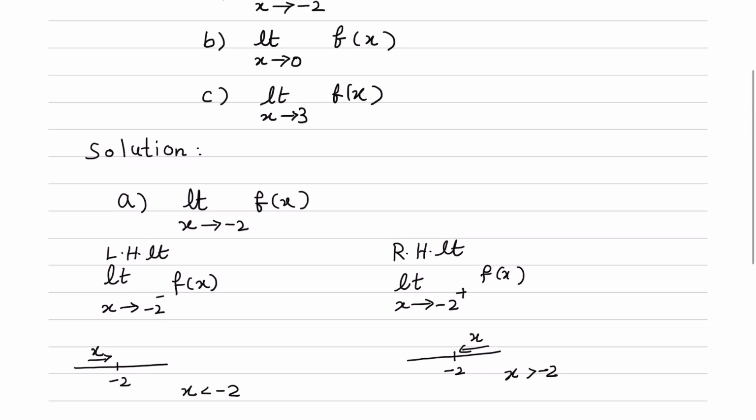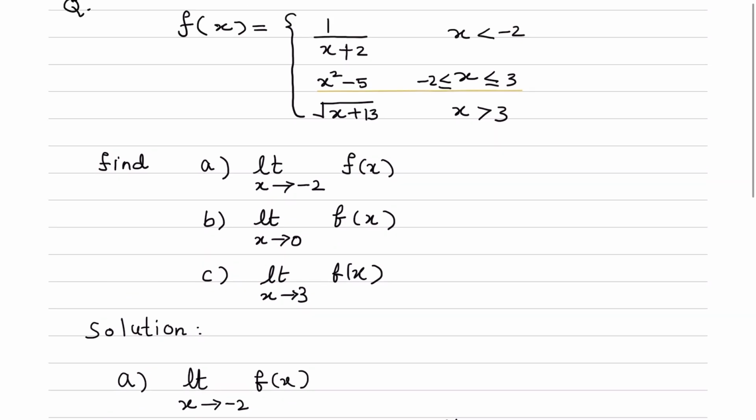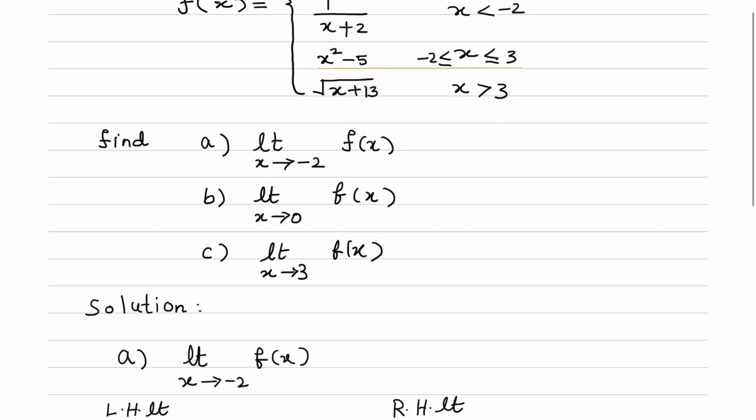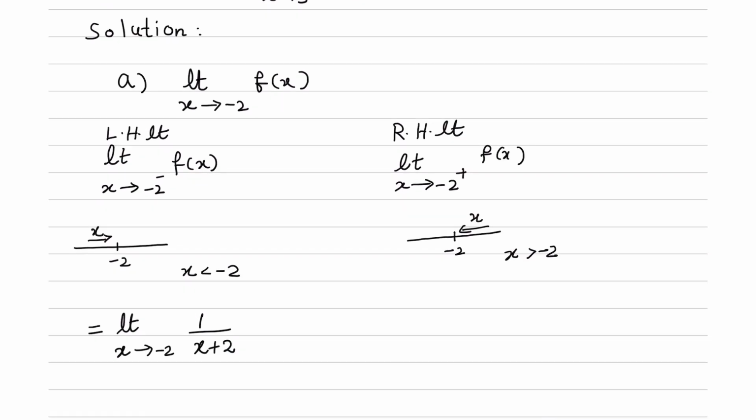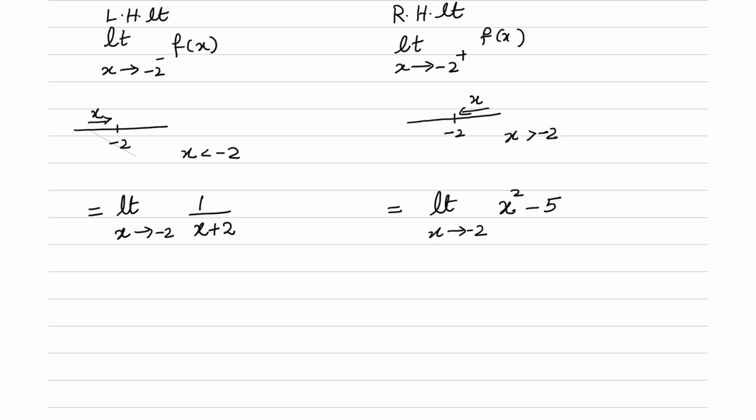Now go back up and look at the function when x is greater than -2, which is here. In this case the function is x squared minus 5. So for the right hand limit, we will write the limit as x approaches -2, and the function is x squared minus 5.